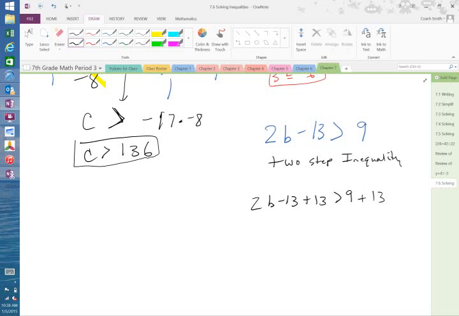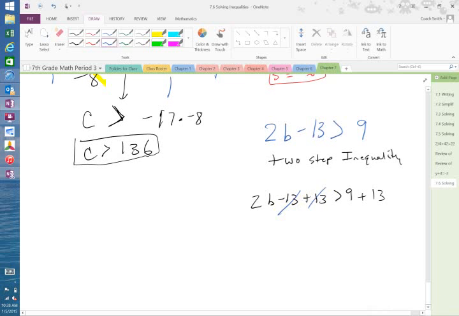On the left side, the subtracting and adding 13 cancel each other out, leaving me with 2b greater than 22. So, to solve that, I simply divide by 2 to both sides. That means b is greater than 11.